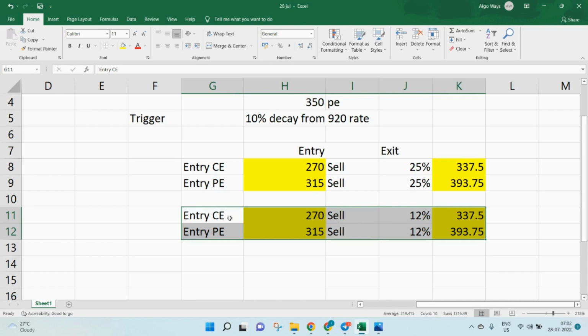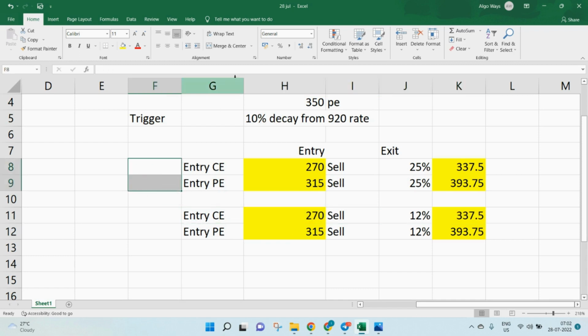So if CE has got sold first and if the market goes up now, it will happen that the CE will get exit before the PE enters. So in 90-95% of the cases, we will have only one leg open in this scenario. So scenario one, I will name it. This is scenario two.